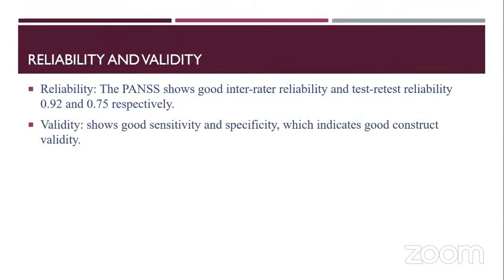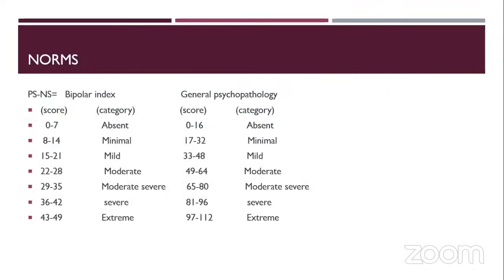About reliability and validity, the PANSS shows good inter-rater reliability and test-retest reliability, that is 0.92 and 0.75. Validity shows good sensitivity and specificity. And norms are available for the test. When we search for some scales, the norms are not available; we cannot see them as the scales have to be paid for, and only then can we get access to them.